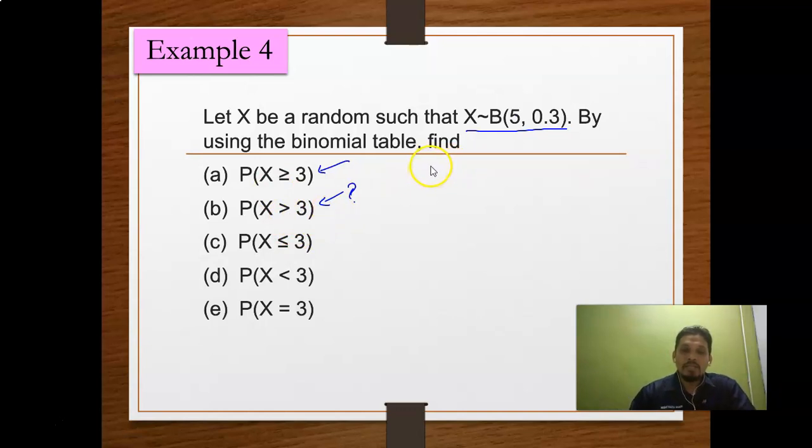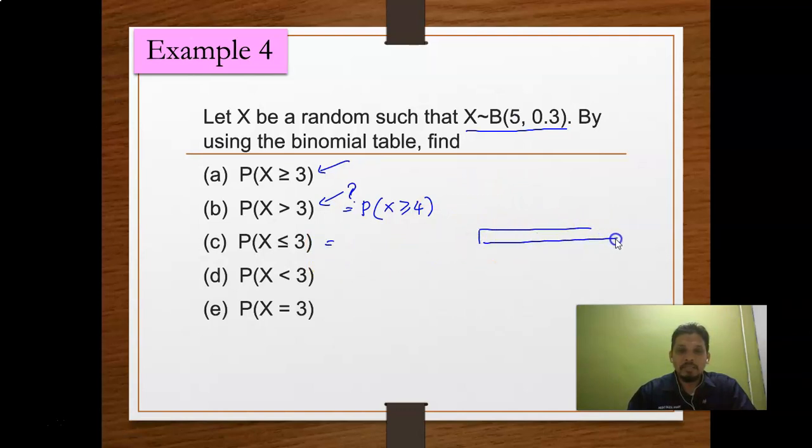Because the binomial is a discrete case, for x greater than 3 we come up with x greater than or equal to 4.